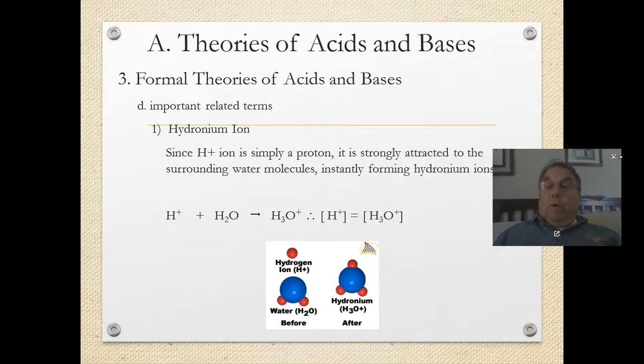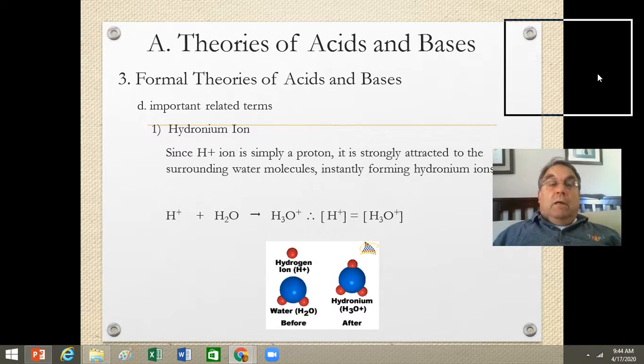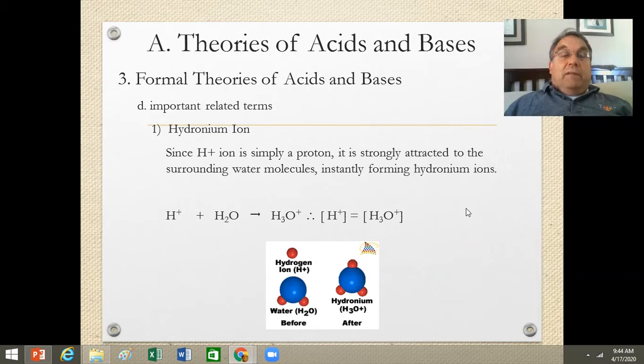Now, some important terms that go with acids and bases. The first and most important is hydronium ion. A hydronium ion is a hydrogen ion in water, and when a hydrogen ion is in water, it will always bond to a water with a coordinate covalent bond, forming this hydronium ion.